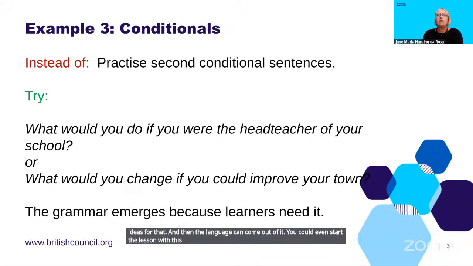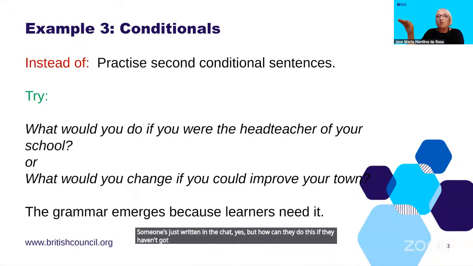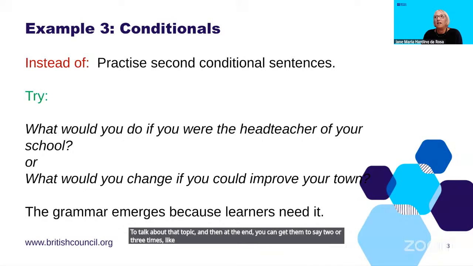Someone's just written in the chat, yes, but how can they do this if they haven't got the language? You could start your lesson with what would you do if you were the head teacher of a school? Get the ideas from them and build the language around it. And then you've got a whole lesson to talk about that topic. And then at the end, you can get them to say it 2 or 3 times, like we said, practice it in different ways and to different people.